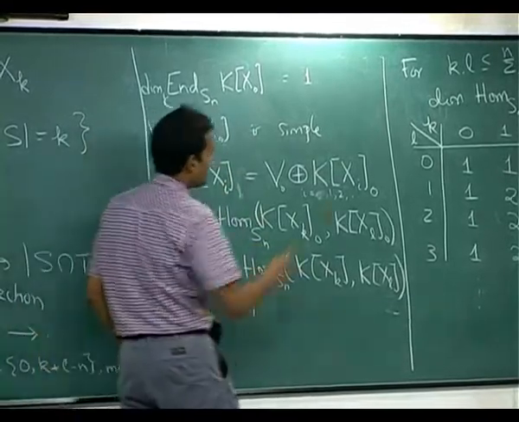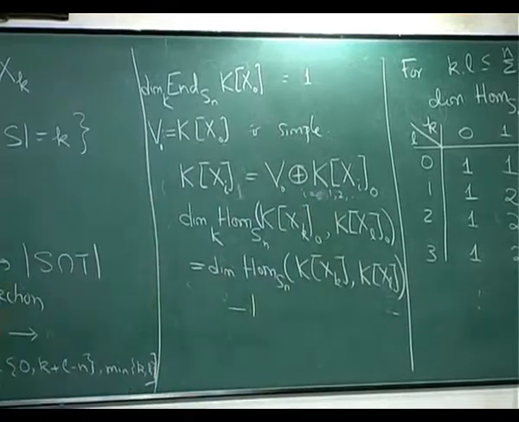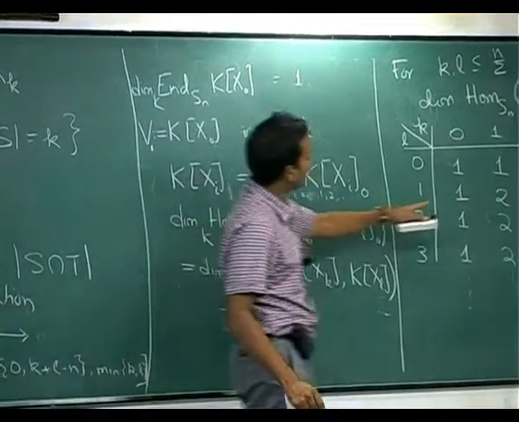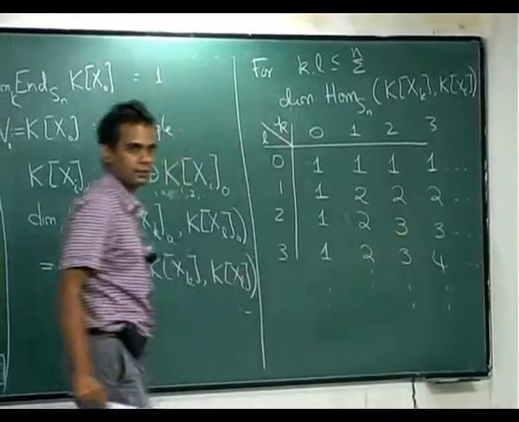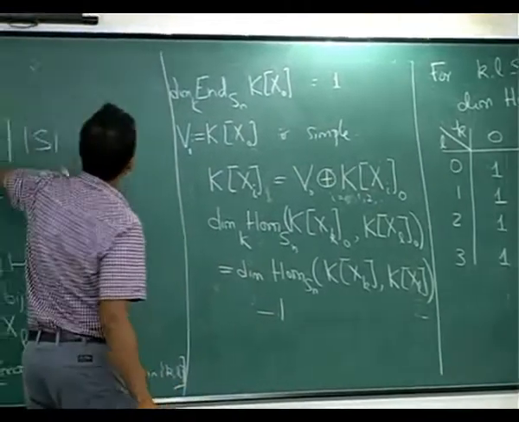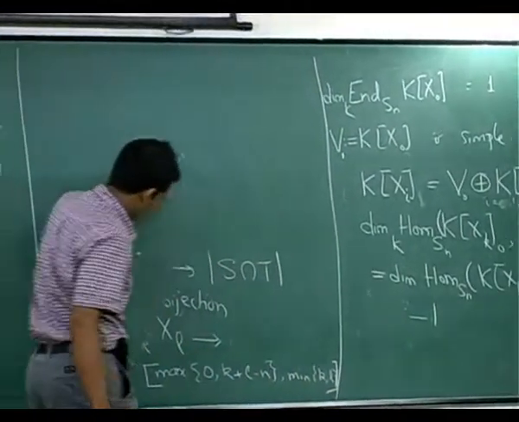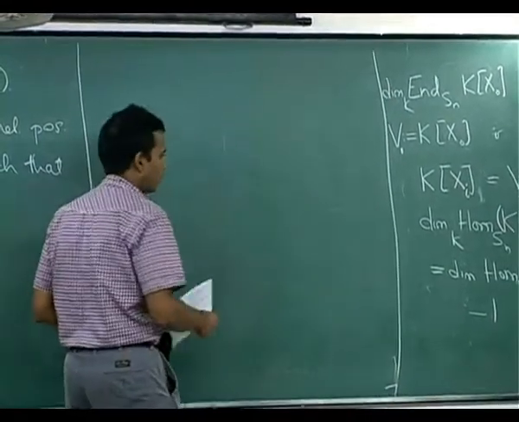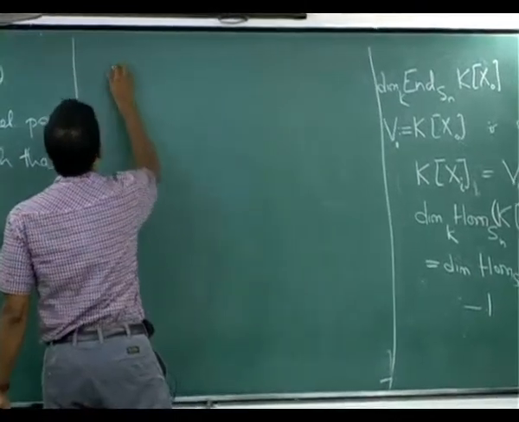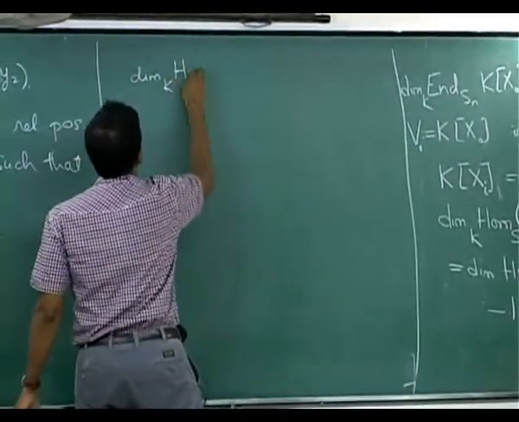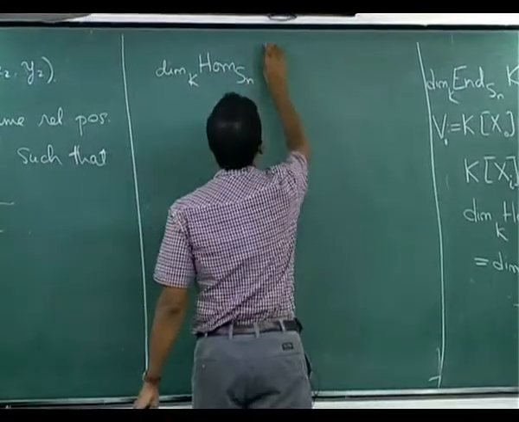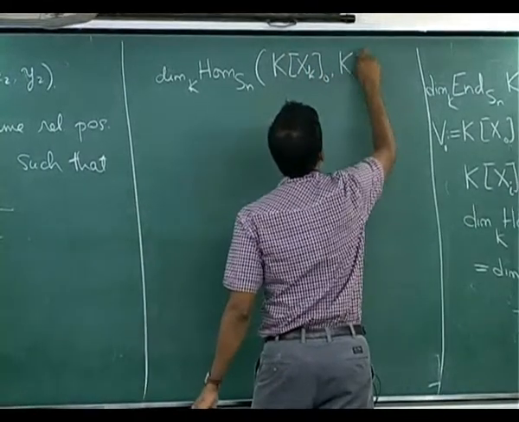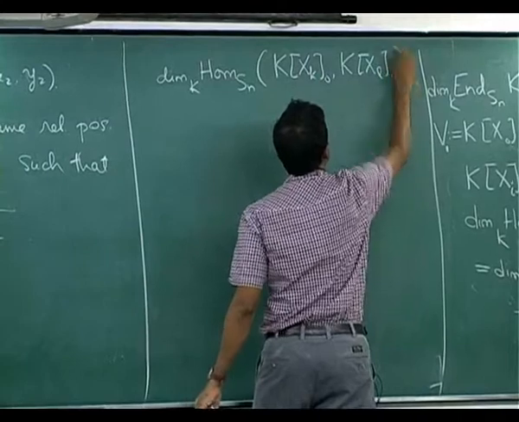So I must take this matrix here and subtract 1 from everything to get my next table, which is the dimension of Hom from kxk0 to kxl0.